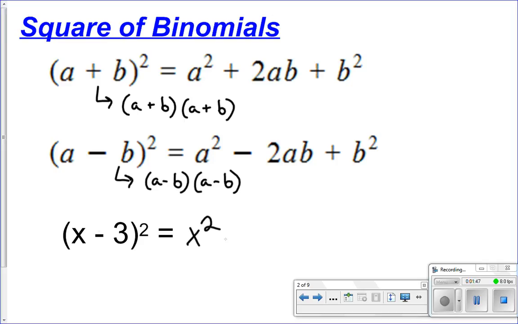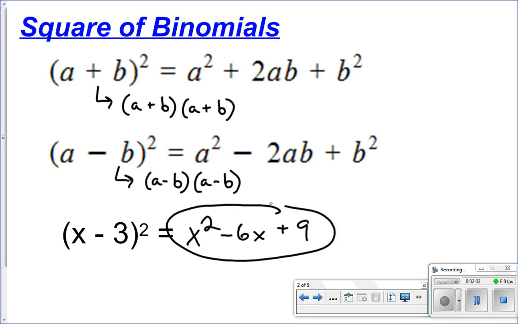So it's minus 2 times 3 times x. So it's minus 6x. And then plus b squared. So it's plus 3 squared or plus 9. And it's just following a formula. Again, if you don't want to use this, that's perfectly fine. You could always just work it out with the FOIL method.